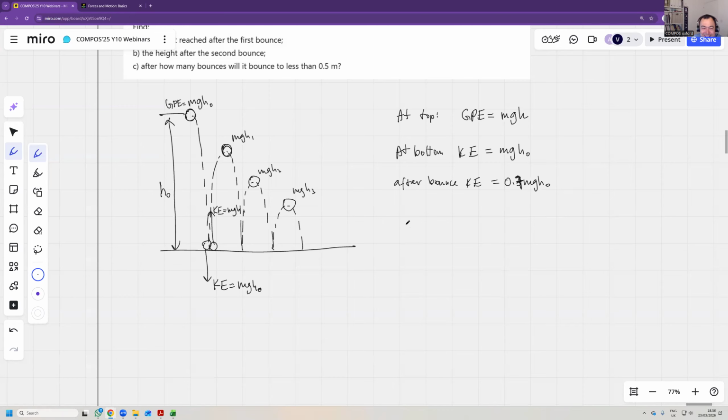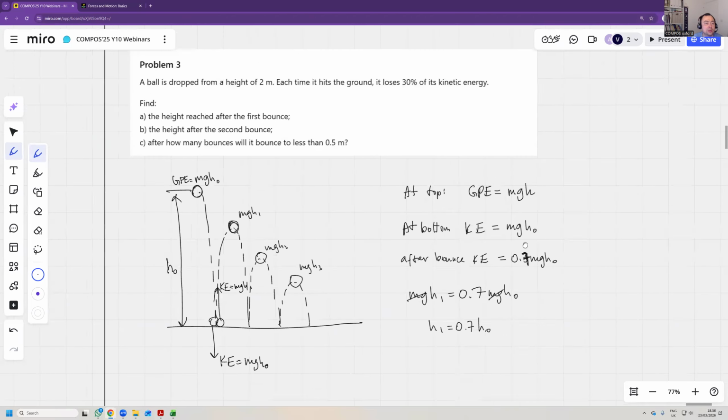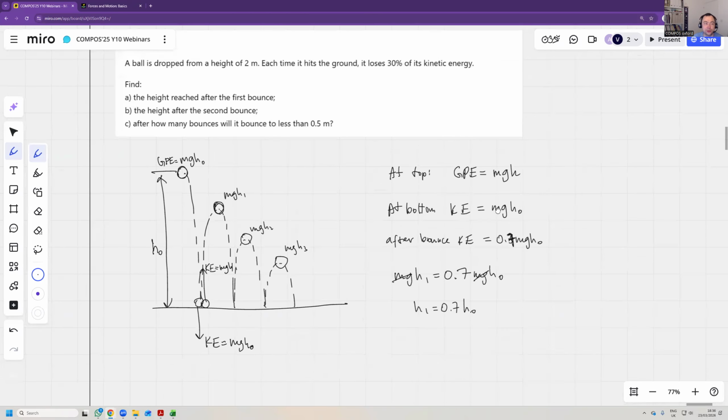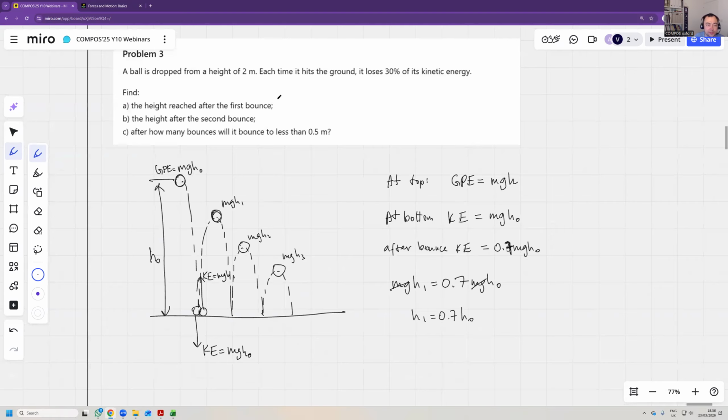Okay, so I hope that makes sense. That means mgh1 is 0.7 mgh0, and therefore h1 is 0.7 h0. If it's dropped from a height of 2 meters, the height reached after the first bounce is h0 times 0.7, which is 1.4 meters.